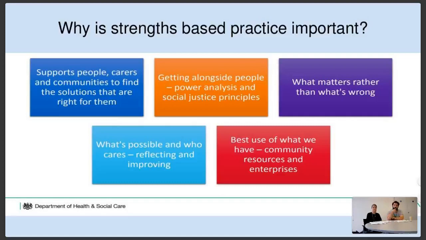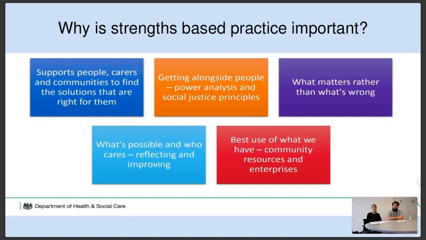With this model, it's about going back to that core root of social work, and thinking about how we use that power and how we empower people, focusing on their abilities and strengths, and finding what works for them.